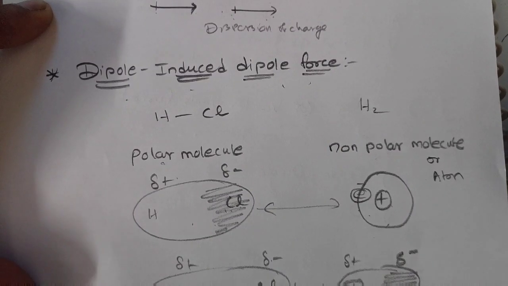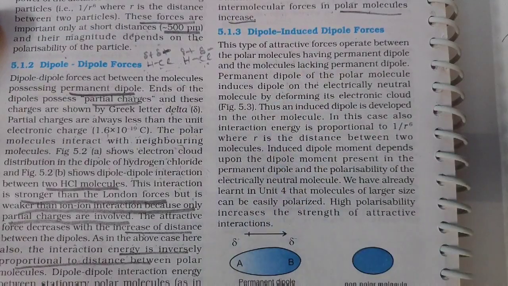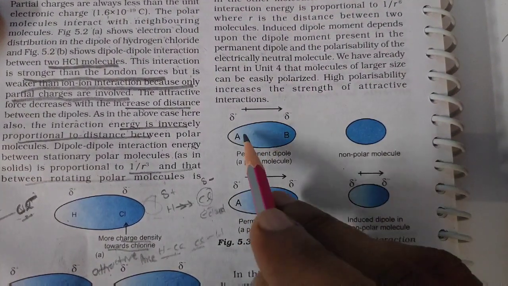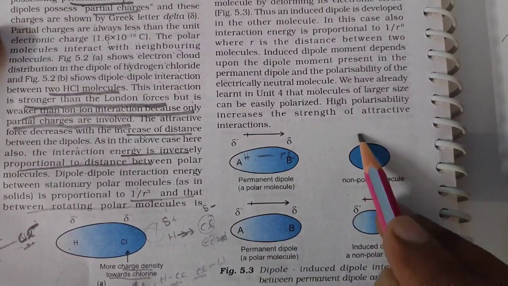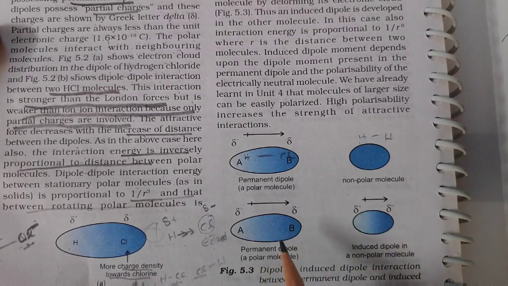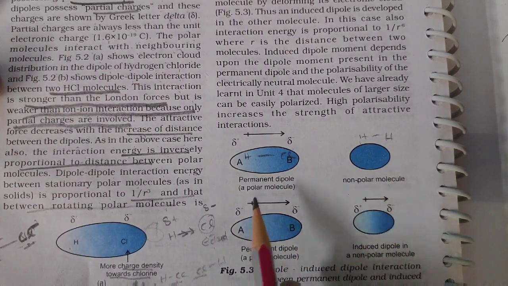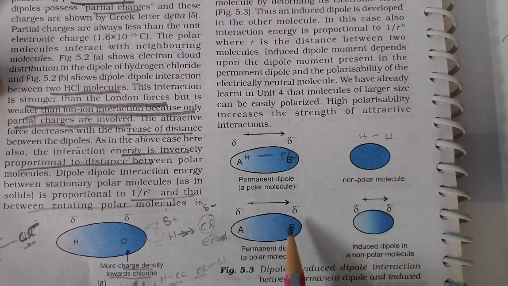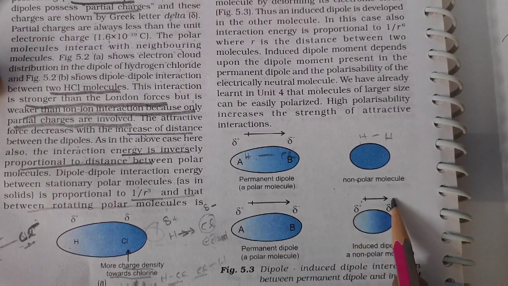Okay. Now we will see from your textbook. See, dipole induced dipole force, the figure is given here. For the permanent dipole, if you don't know, you can write HCl here, and here a non-polar molecule, as I said, such as hydrogen. What will happen in this case? When the non-polar molecule comes near, or if the distance is decreased, there will be a movement of electrons from left side to right side.